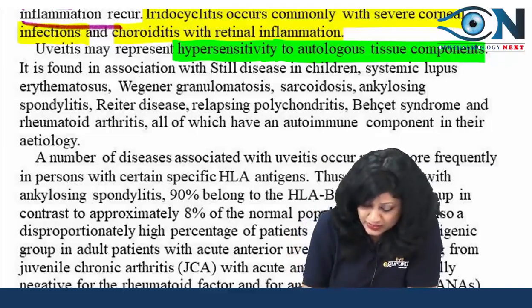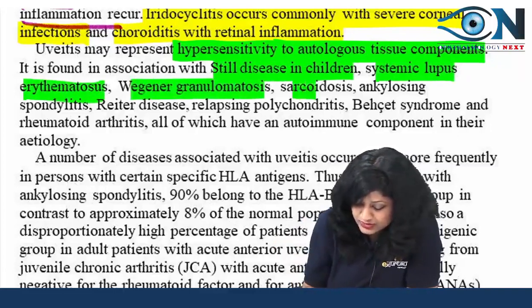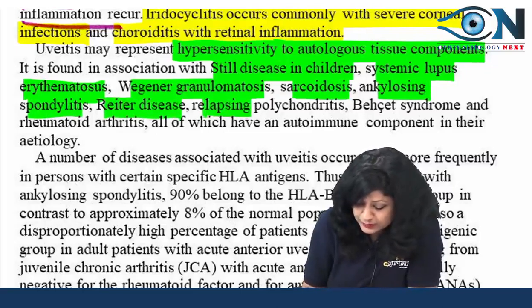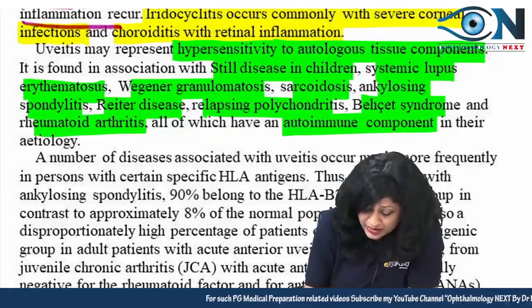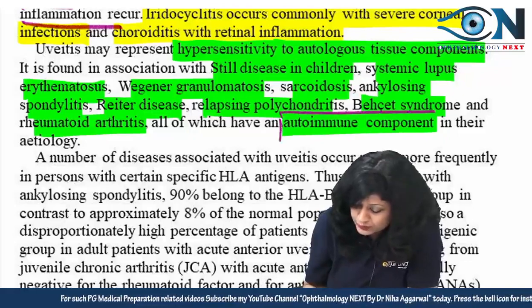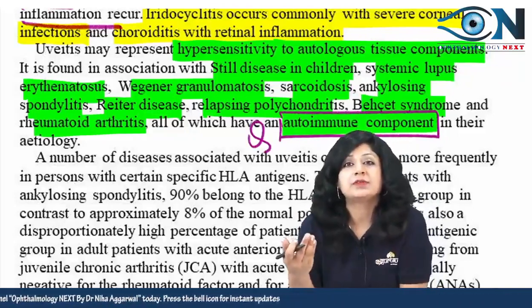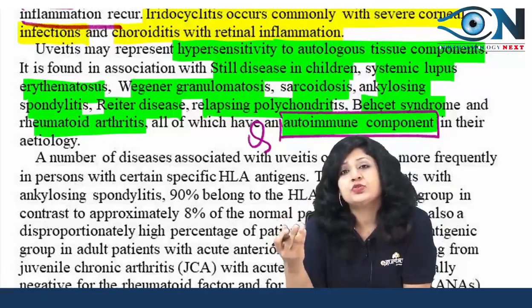It is found in association with Still's disease in children. We have SLE, Wegener's granulomatosis, sarcoidosis, ankylosing spondylitis, Reiter syndrome, relapsing polychondritis, Behcet syndrome, rheumatoid arthritis, which have autoimmune components. So there are actually a number of autoimmune diseases which are responsible for creating the hypersensitivity reaction that is leading to uveitis.